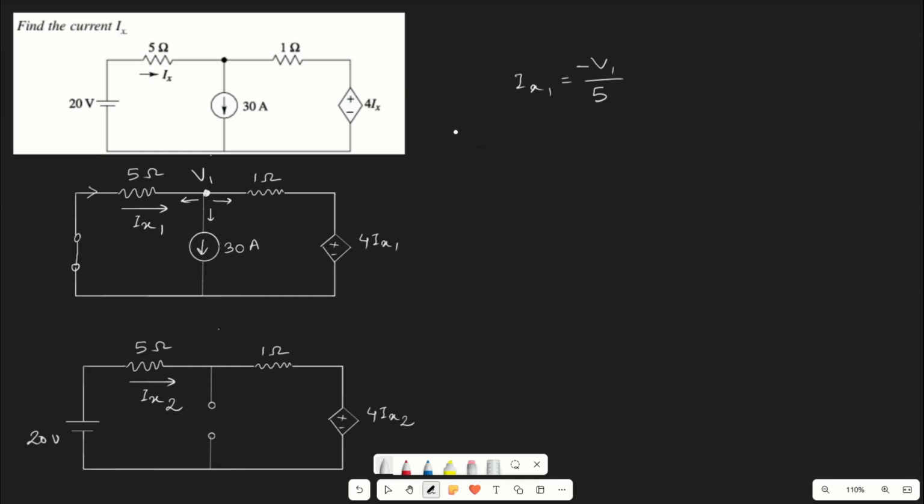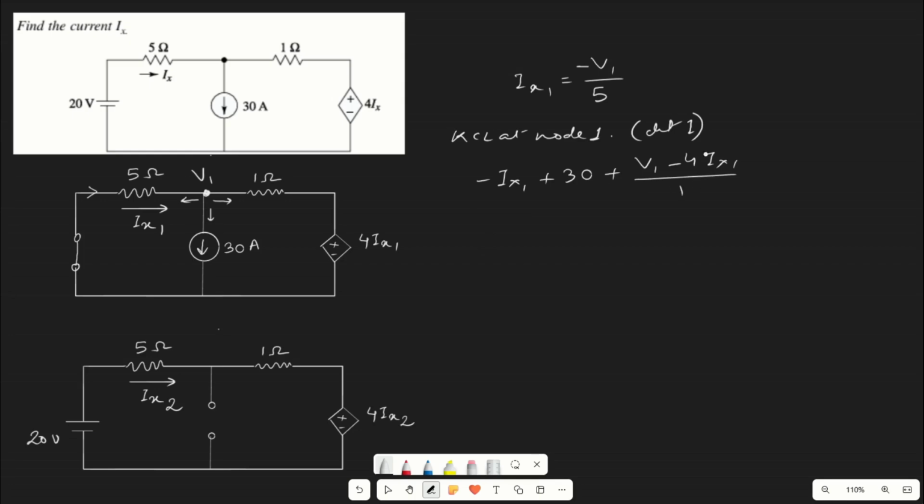Now applying KCL at node 1, circuit 1. In this direction we have minus Ix1, then plus 30, as this is in the same direction, then plus (V1 minus 4Ix1) divided by 1.